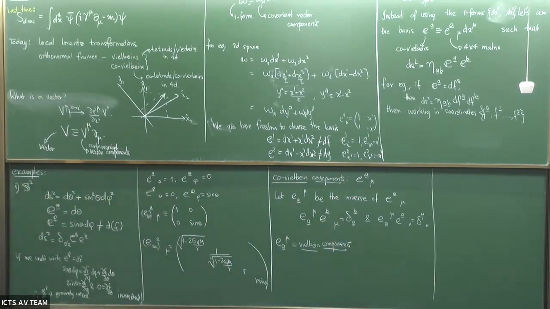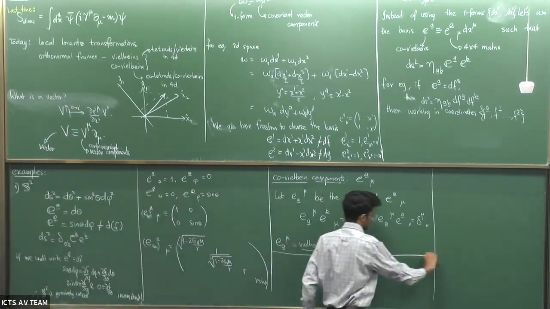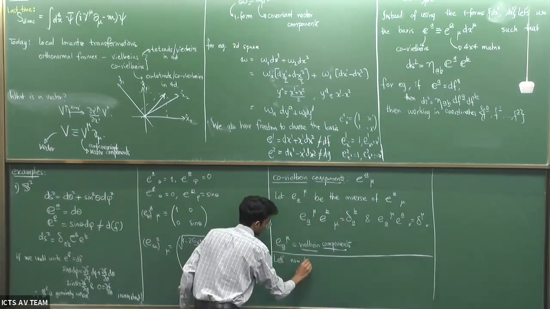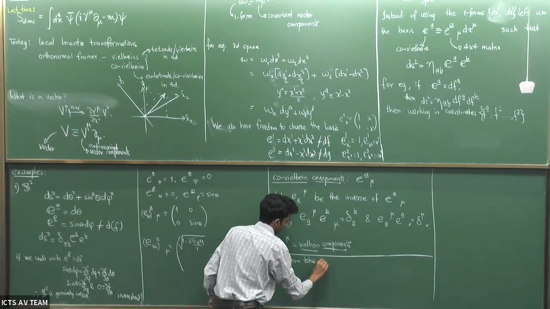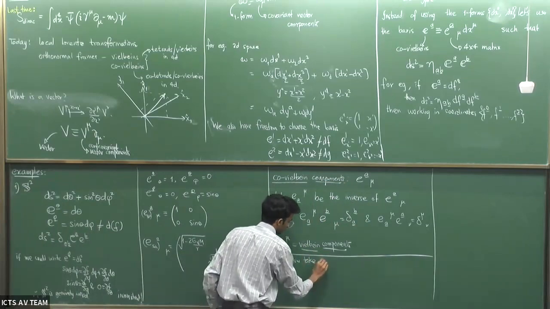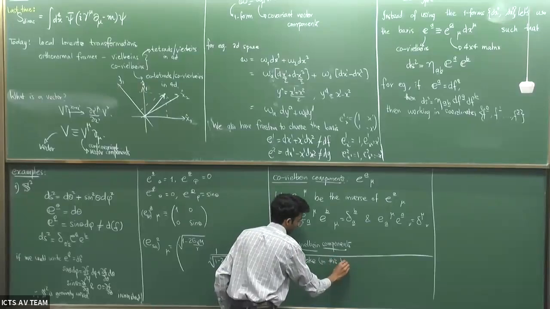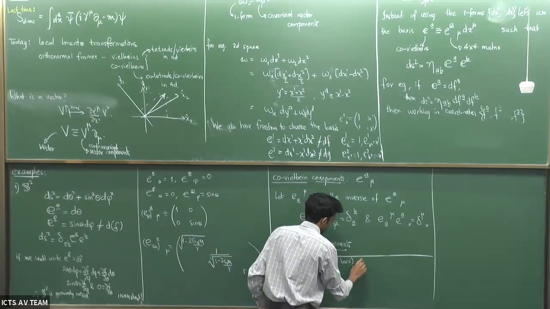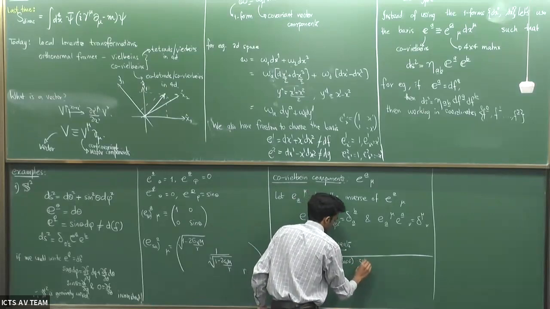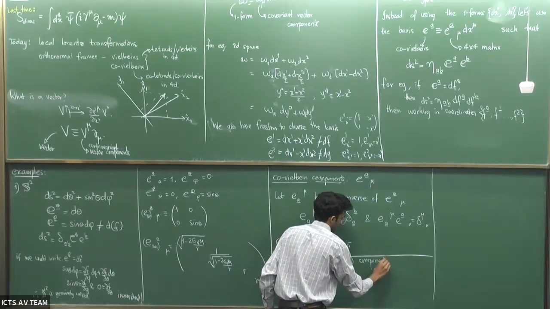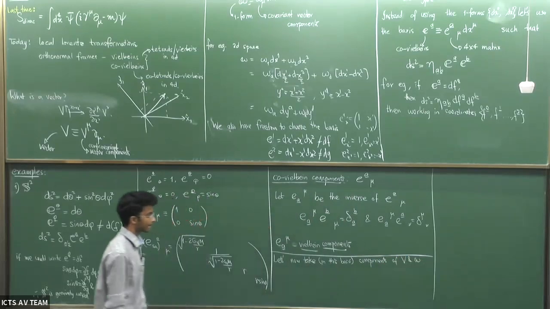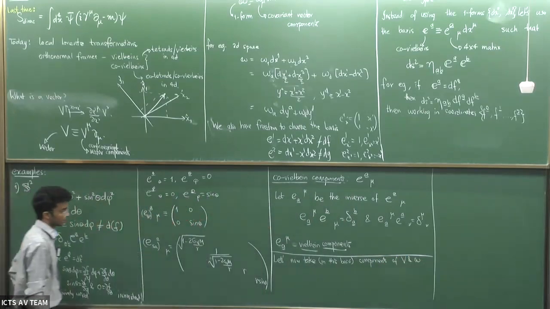Now let's take components of vectors and one forms in this basis. So for example, what is a vector?